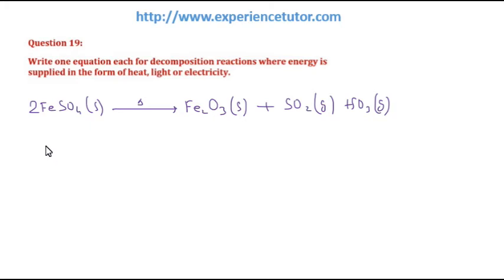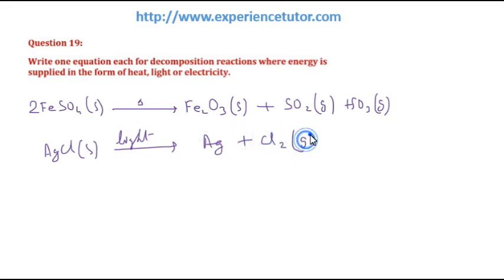Decomposition by light can be written as AgCl, solid, with light gives Ag plus Cl2. This is gas, this is solid. This is the example of decomposition by light. Next one is decomposition by electricity.